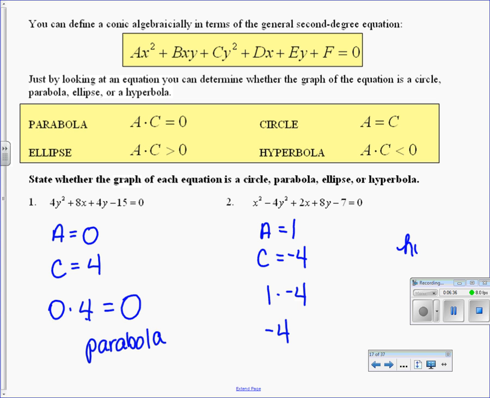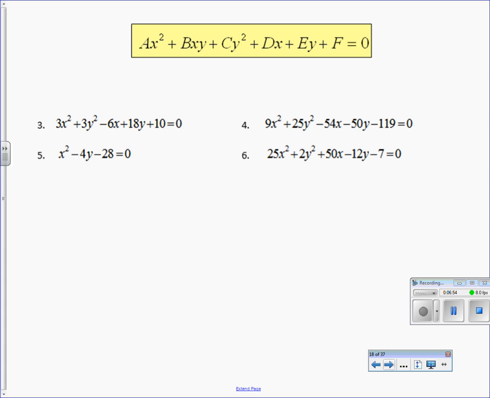So this has to be a hyperbola. So when I get a negative number when I'm multiplying A times C, that's hitting this case. So that's how I know that. So the first answer, parabola. Second answer, hyperbola.